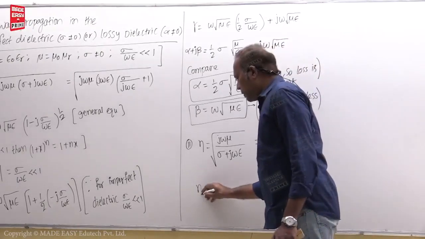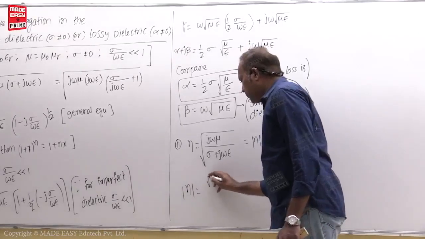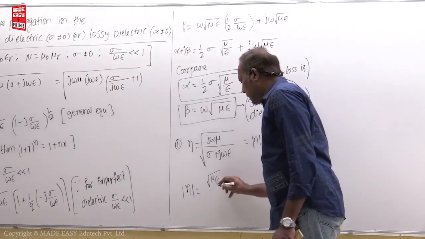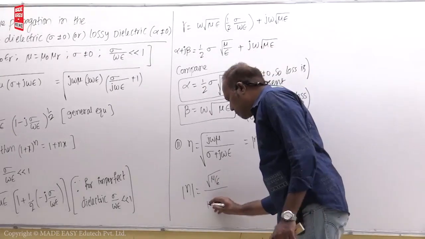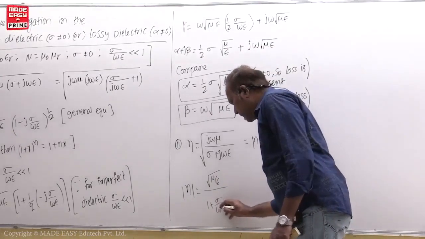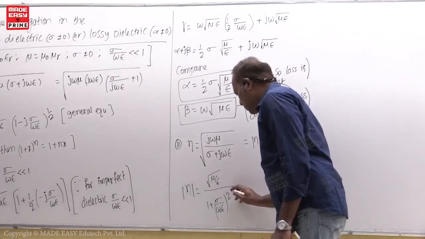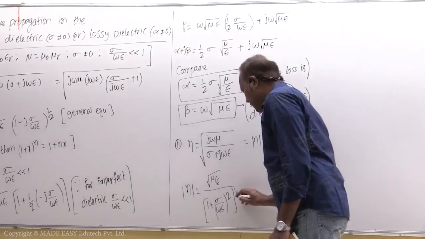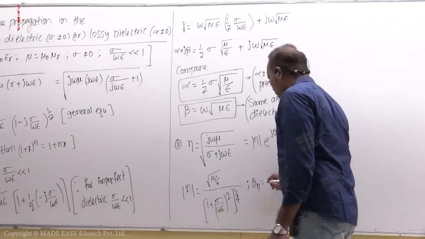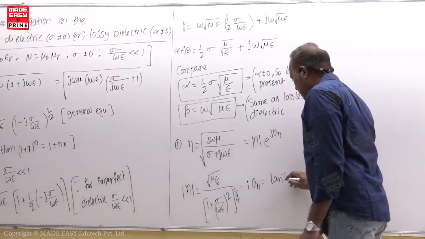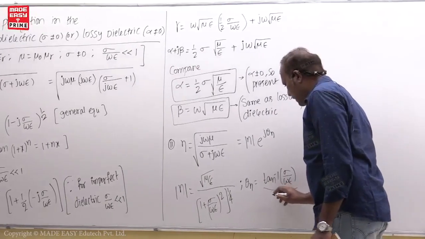Here already I wrote, if you see in previous classes, I wrote mod eta is equal to exact value. I wrote root mu by epsilon, without approximation, I wrote exact, that is 1 plus sigma by omega epsilon whole square to 1 by 4, and theta eta is equal to tan inverse of sigma by omega epsilon divided by 2.